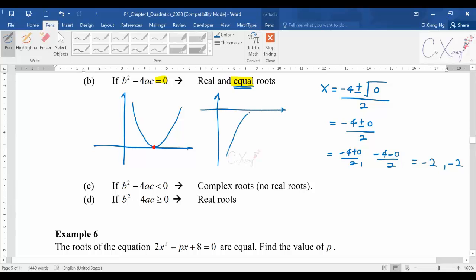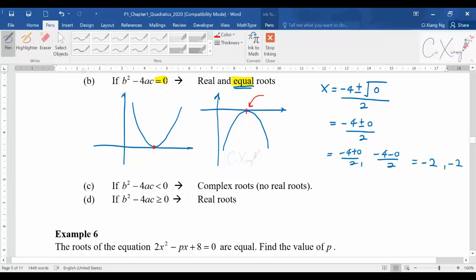Your graph might look something like this. Okay, I didn't touch it. Sorry. Wait. Okay, so you should have something like this. You'll see that your graph touches the x-axis at one point only. So this is what we call real and equal roots, that is b squared minus 4ac equals 0.